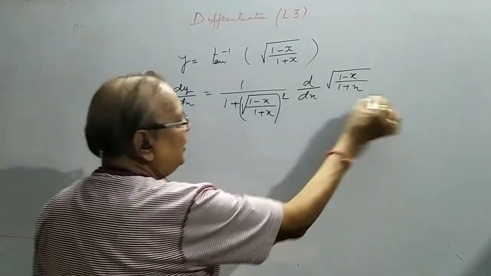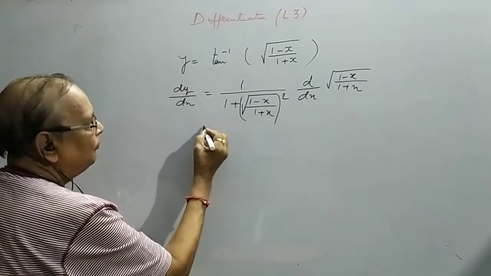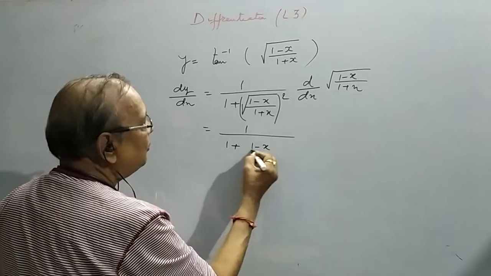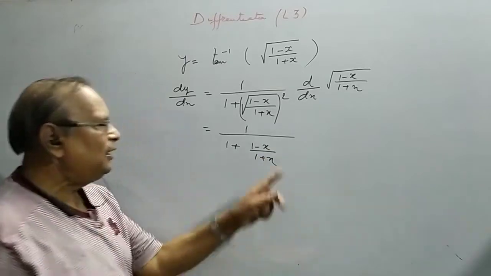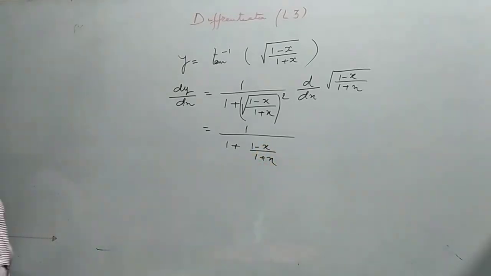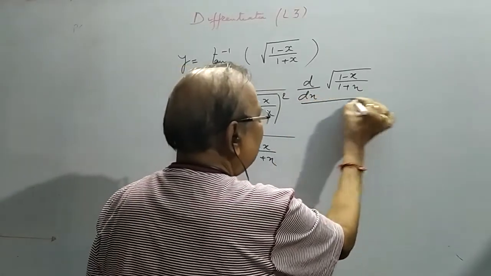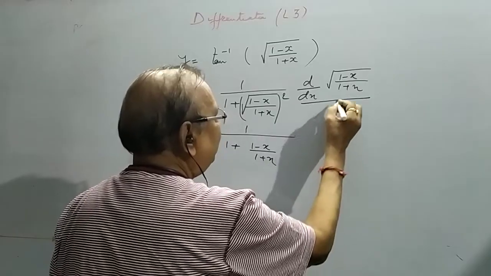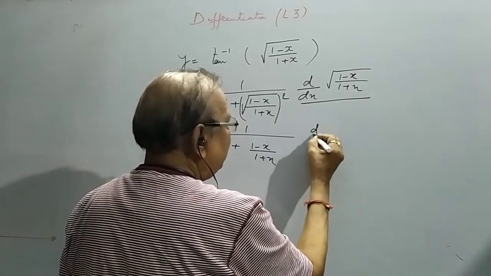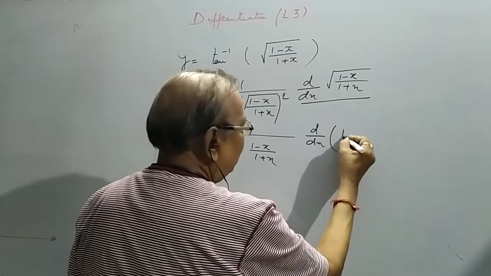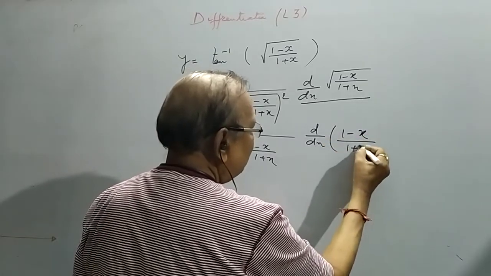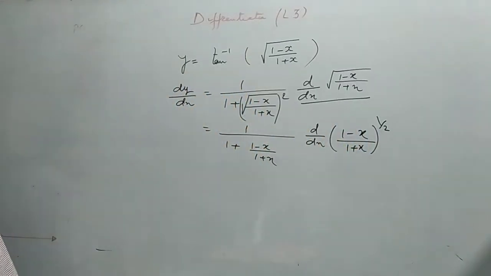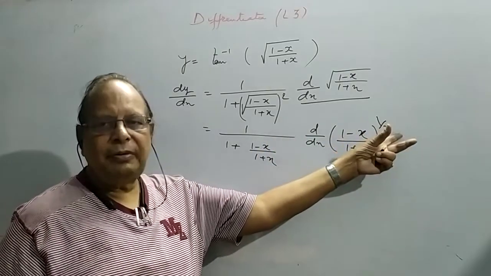Now we have to differentiate this by making further changes. That is 1 plus 1 minus x upon 1 plus x. Simultaneously, you may simplify it and proceed with this step further. That is d by dx of the whole. How will we get it? We may assume d by dx of 1 minus x upon 1 plus x raised to the power half. We may assume this whole as t raised to the power half.